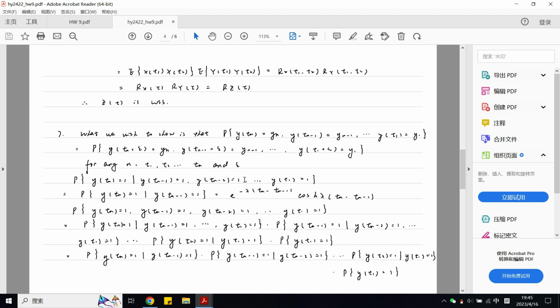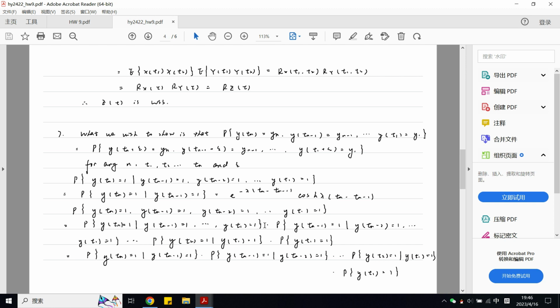So now we can get the probability that Y(t_n) equals 1 given Y(t_{n-1}) equals 1, Y(t_{n-2}) equals 1, and Y(t_1) equals 1. And then we need to calculate the probability that Y(t_n) equals 1 and Y(t_{n-1}) equals 1, Y(t_{n-2}) equals 1, and Y(t_1) equals 1.